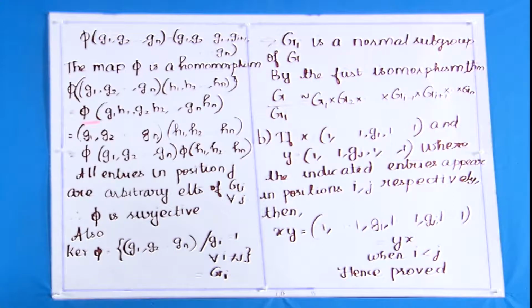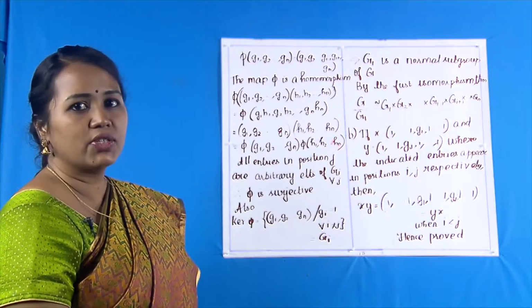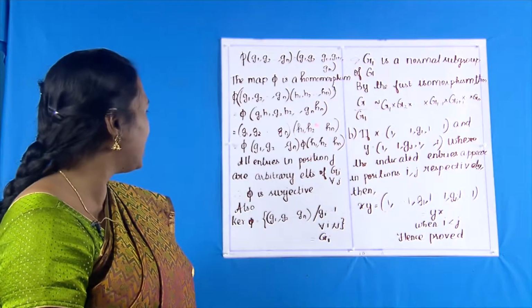According to this mapping, phi of (g1h1, g2h2 so on up to gnhn) is equal to (g1, g2 so on up to gi minus 1, gi plus 1 so on up to gn) times (h1, h2 so on up to hi minus 1, hi plus 1 so on up to hn). That is equal to phi of (g1, g2 so on up to gn) times phi of (h1, h2 so on up to hn). So, we have proved that phi of xy is equal to phi of x times phi of y. So, the homomorphism property has been satisfied.